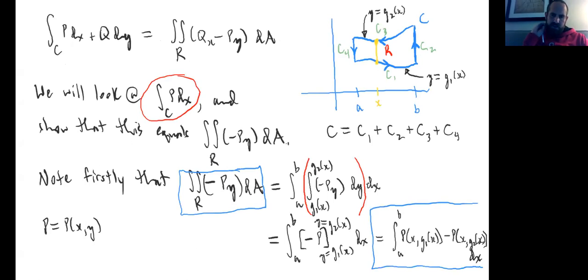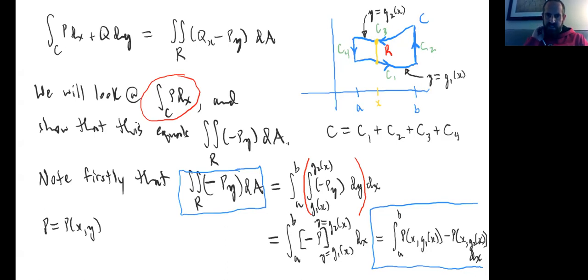Now, let me ask you a question. If I were to compute the integrals along C2 or the integrals along C4, what am I going to get? Well, x is just a constant there. Think about it for a second. If I'm going along C2, x is b all the time, so dx is just going to be 0 if we parametrize that thing.